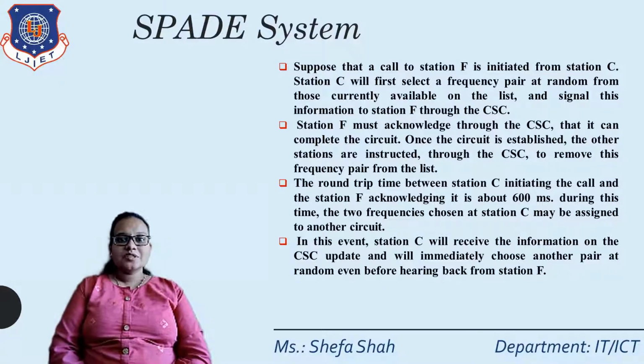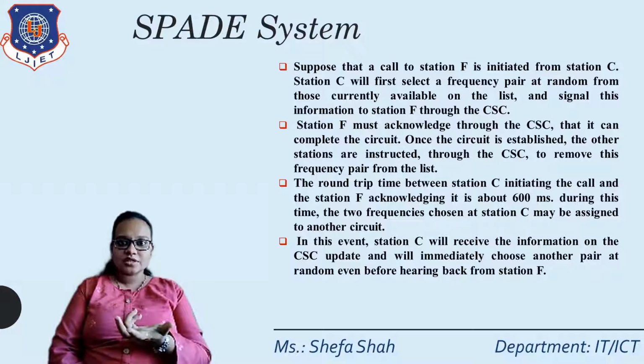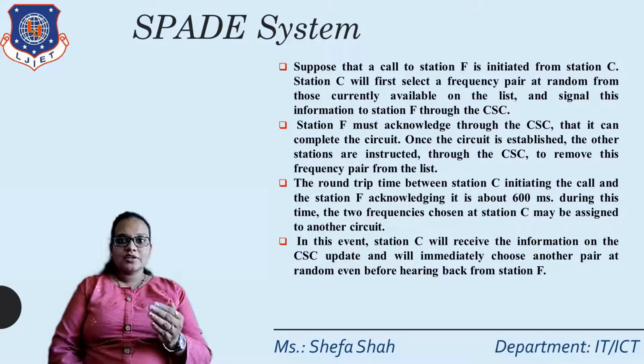So the frequency will be selected by C and sent to the CSC. If the particular channel requested by C is right now in processing, then the pool will reject its request. And if the frequency is empty, it will accept the request and allocate this frequency to station F as well as station C.